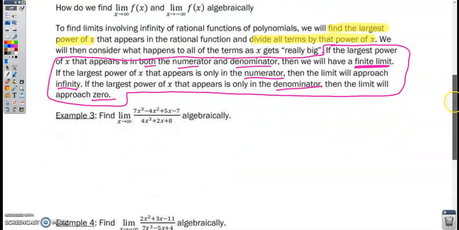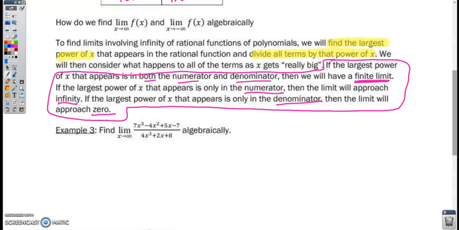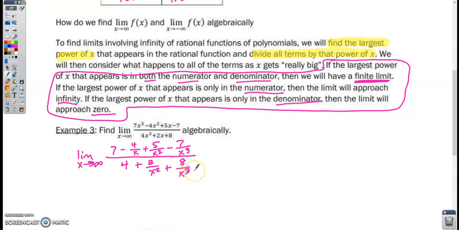In example 3, the largest power appears in both the numerator and the denominator, which means we're going to have a finite limit. I'm going to divide everything by that largest power of x, which is x cubed. I divide this by x cubed, and this by x cubed, and this by x cubed, and this by x cubed. That takes care of my numerator. Then I do the same thing with the terms in the denominator. I divide all of them by x cubed. Now I think, what happens as x gets really, really big?